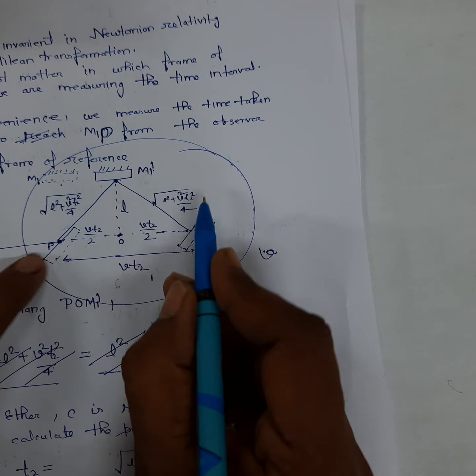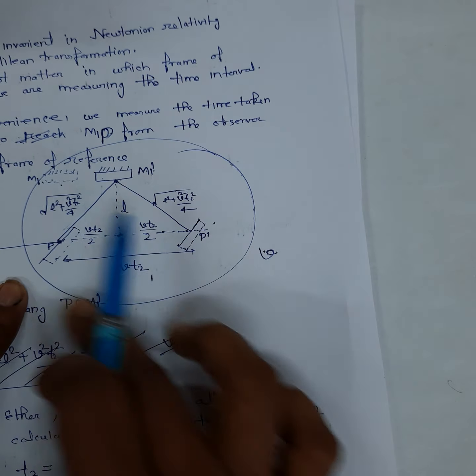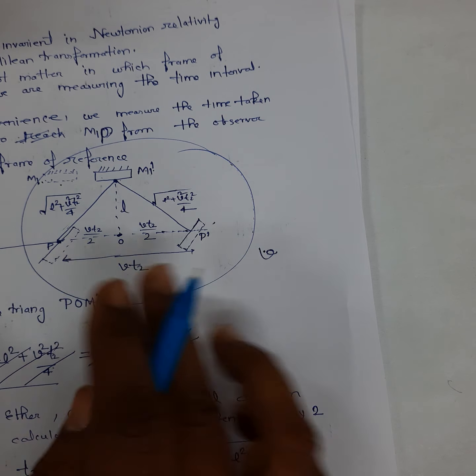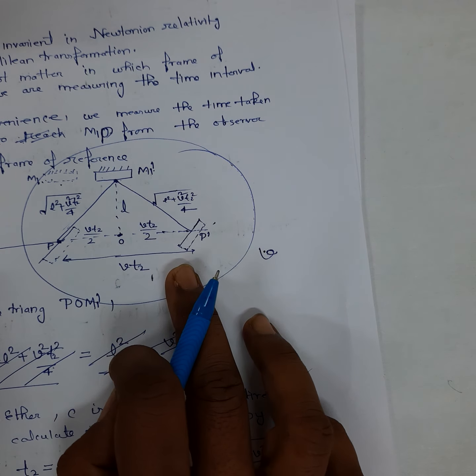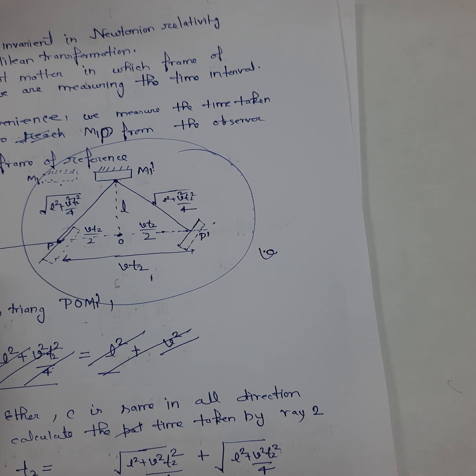Again, this is happening because we are assuming that the observer of the ether frame of reference is at rest, but our experimental setup is on earth, and earth itself is moving with velocity v equal to 3 into 10 to power 4 meter per second.